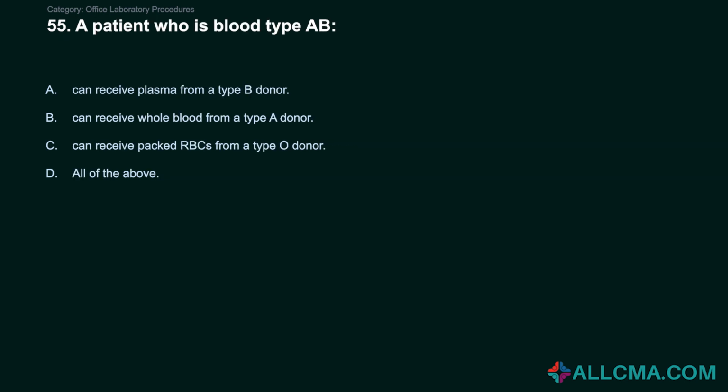55. A patient who is blood type AB. A. Can receive plasma from a type B donor. B. Can receive whole blood from a type A donor. C. Can receive packed RBCs from a type O donor. D. All of the above. Correct answer, C. Can receive packed RBCs from a type O donor.